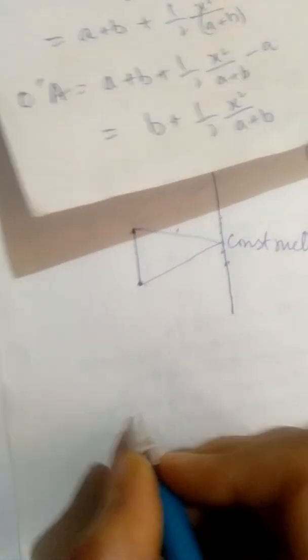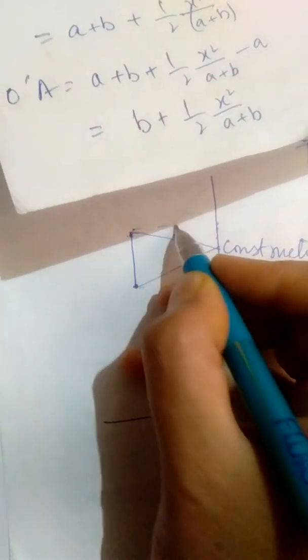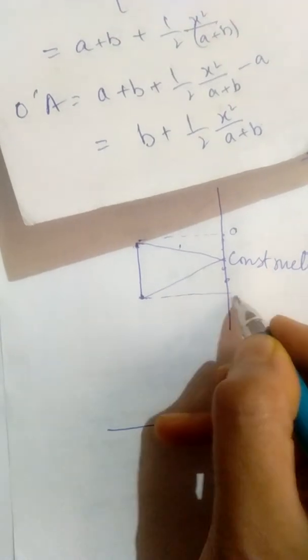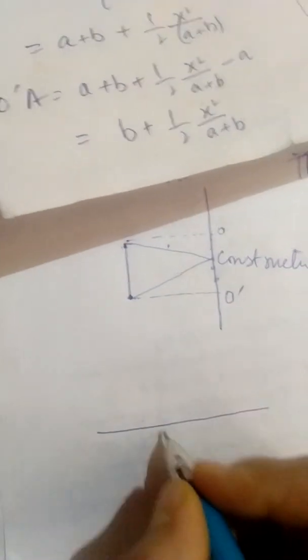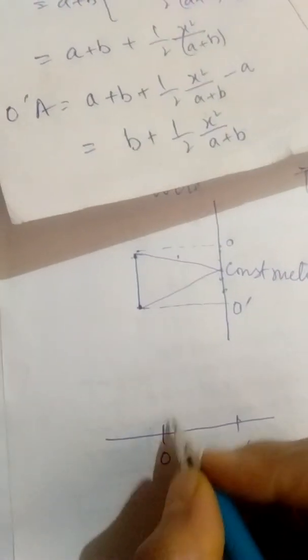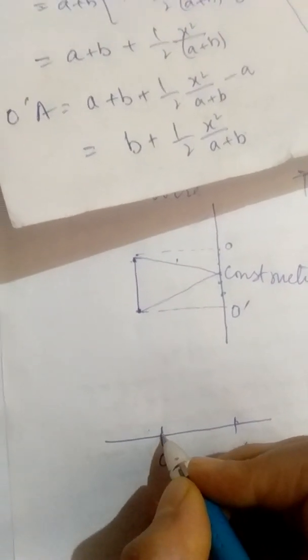So the intensity can be traced like this. Suppose this point is O and the point in line with this edge is O dash. So between O and O dash, you actually have an interference pattern. And in case of interference, we know that the intensities of bright fringes are equal.